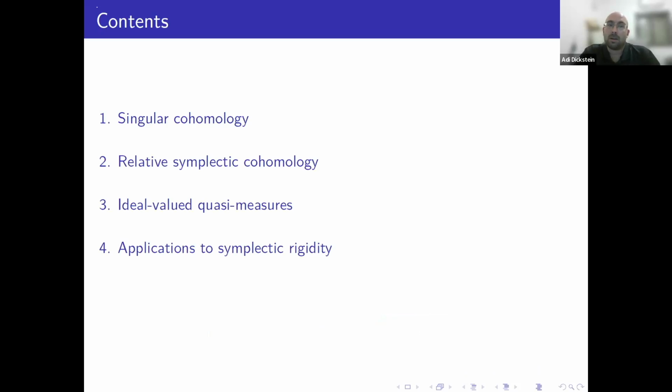I'll start with some review on singular cohomology, and then I will explain the analog in the case of relative symplectic cohomology, and the tool I will use will be ideal valued quasi-measures. This will be a measure-like object that allows us to prove a result in symplectic rigidity. So let me start.